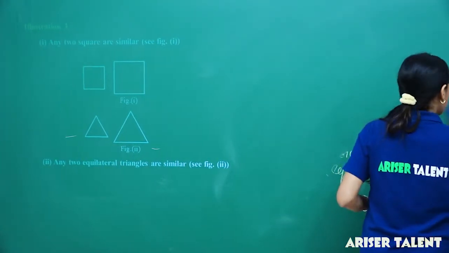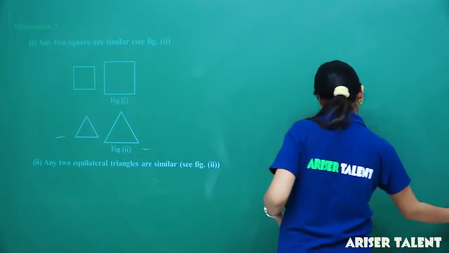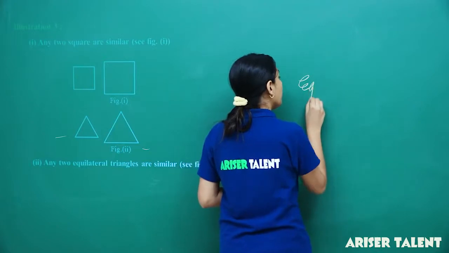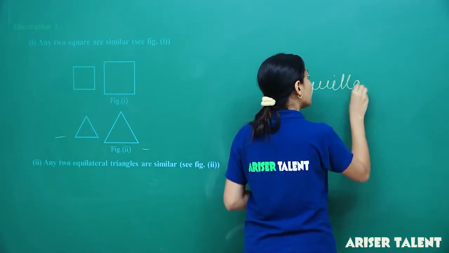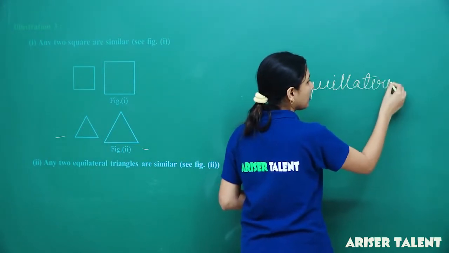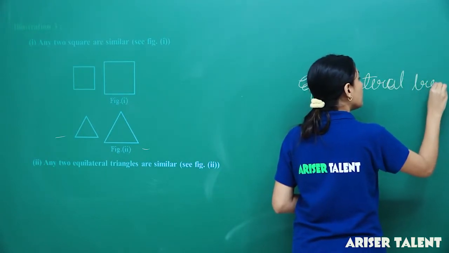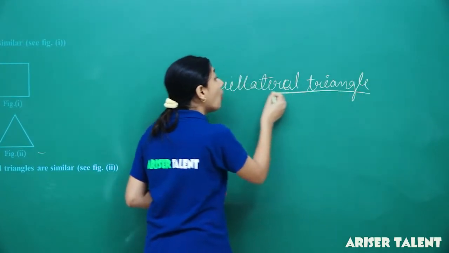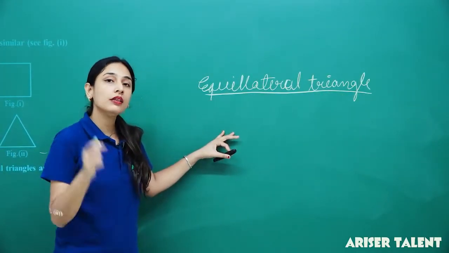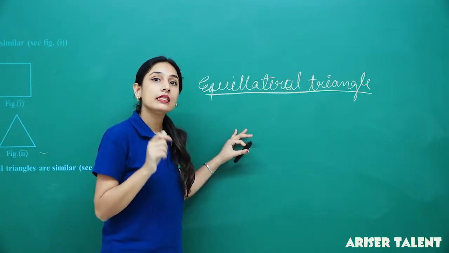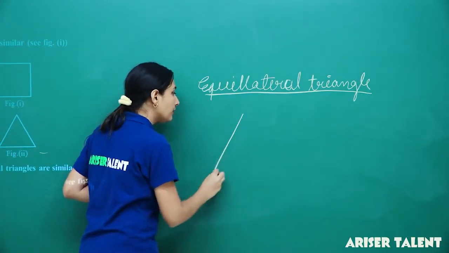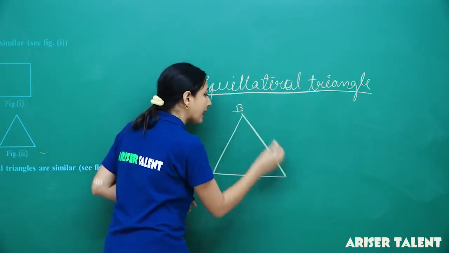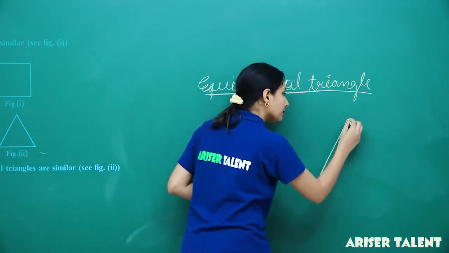So, if you have an equilateral triangle, only an equilateral triangle is always similar. I have told you what equilateral triangle actually means.